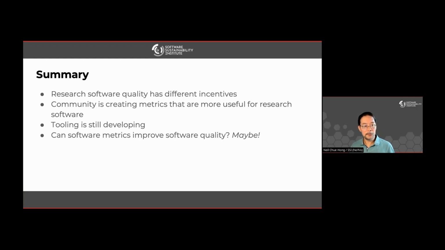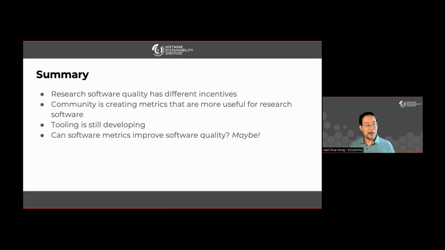There are a lot of initiatives in the community about creating metrics that are more useful and appropriate for research software. The key group here is the new research software metrics group in CHAOSS. There is tooling, but that tooling is still quite immature and is developing. However, there's a great chance for people to be involved in providing feedback and making that tooling better.